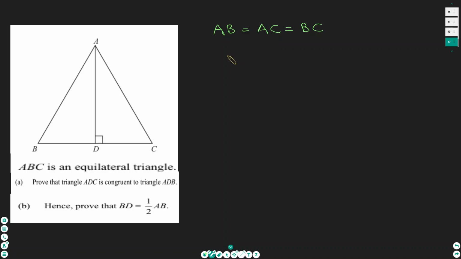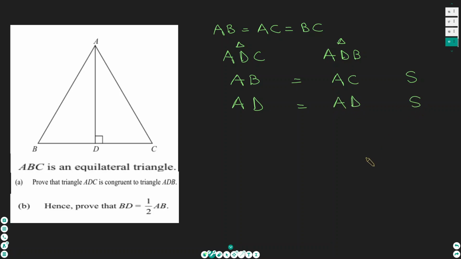So by comparing the two triangles ADC and the ADB, we see that the AB is equal to the AC, one side equal. The AD is a common side. Another side.